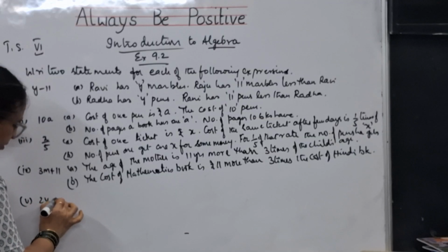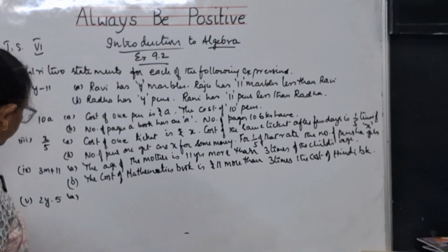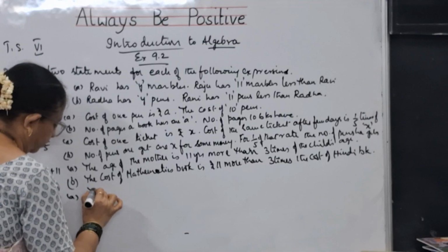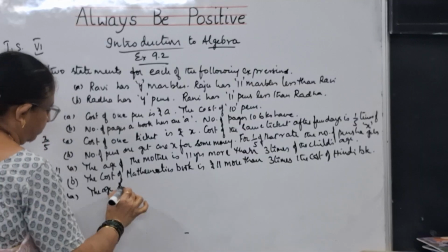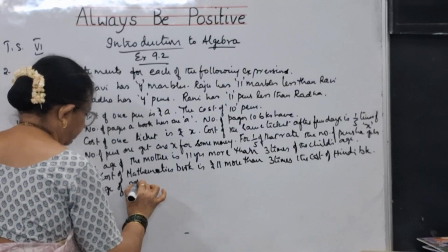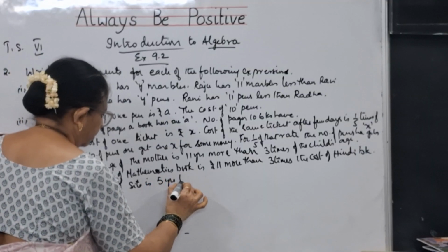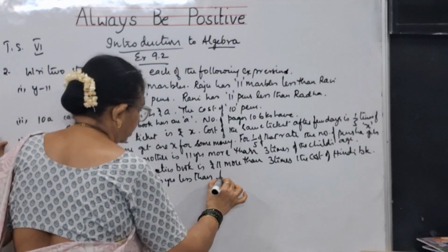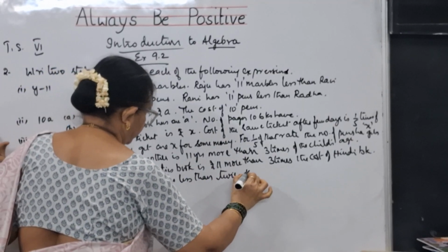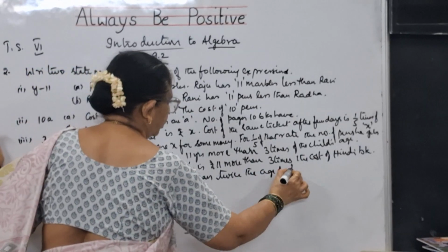2y minus 5. So we can write 2y minus 5. The age of Sita is 5 years less than twice the age of Rama.